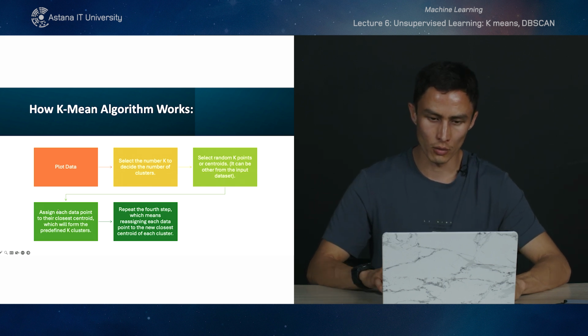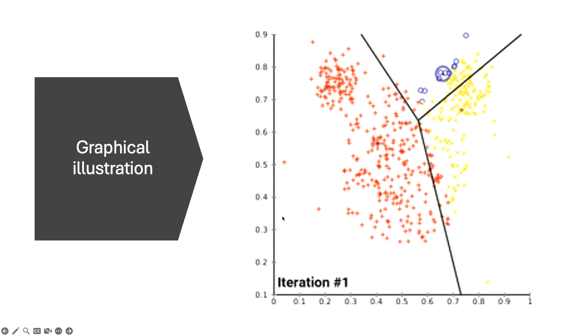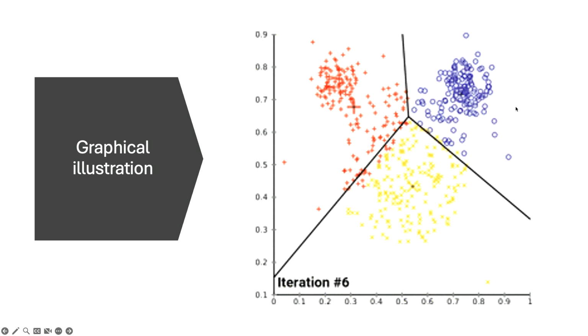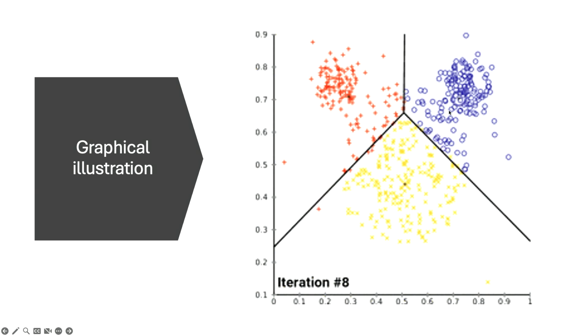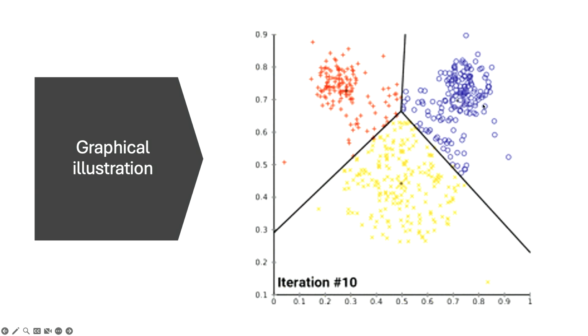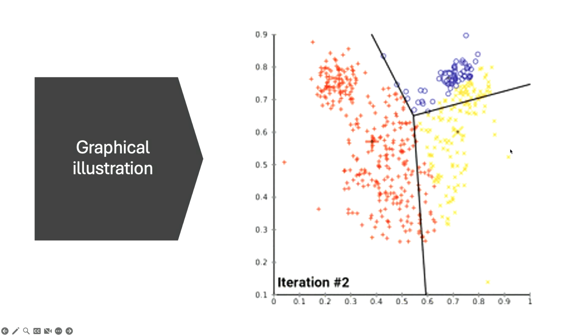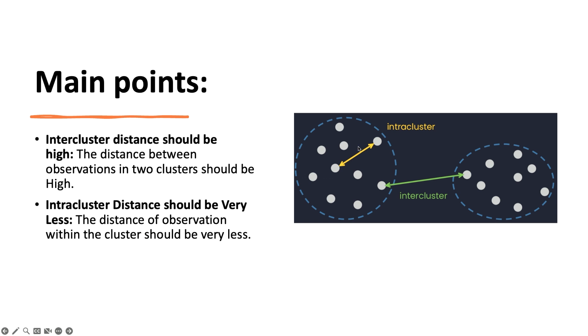Here you can see a graphical illustration in which it iteratively calculates distances. We also have centroids, and based on the centroid, it separates the dataset into 3 different clusters. Imagine here we chose some centroids, and we also provide the number k.